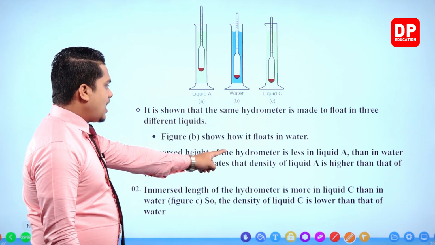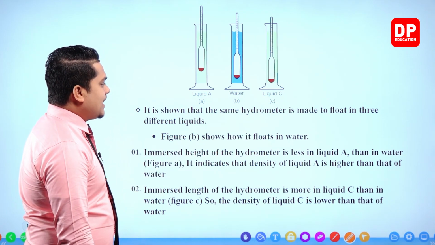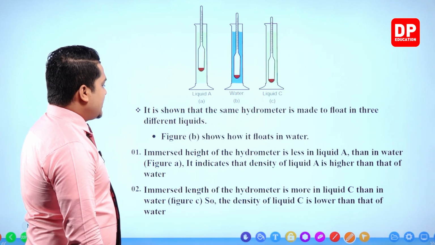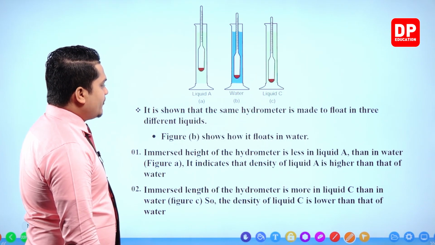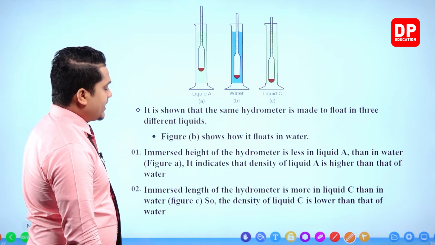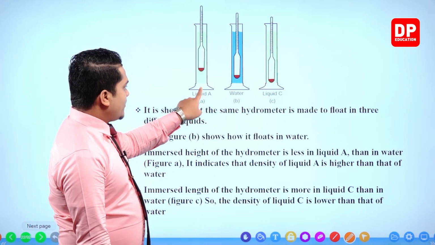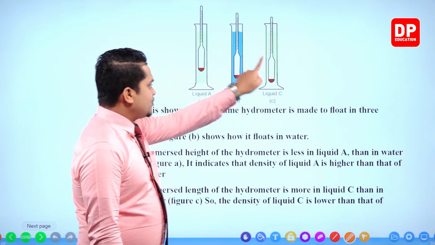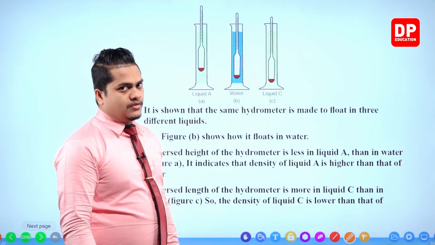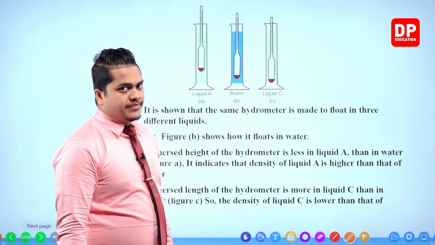Immersed height of the hydrometer is less in liquid A than in water. It indicates that the density of liquid A is higher than that of water. So like I said, this liquid has the highest density, this one has the lowest density, this is the intermediate one for the given two liquids.